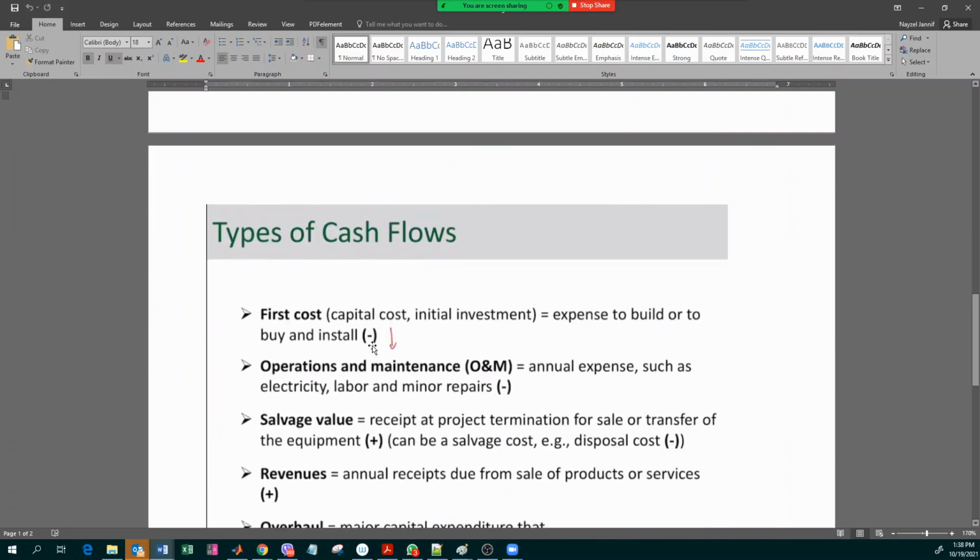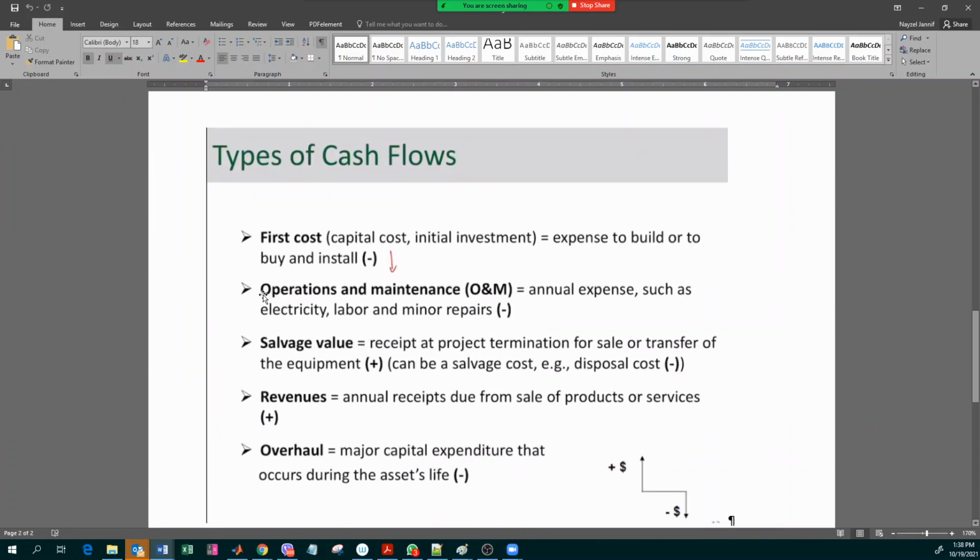All right. Now the second point is the operation and maintenance cost. That's an annual expense. In engineering, that's a real kind of expense. You will always have some sort of maintenance cost, some sort of labor, minor repairs, petrol costs or electricity, something which is going on.